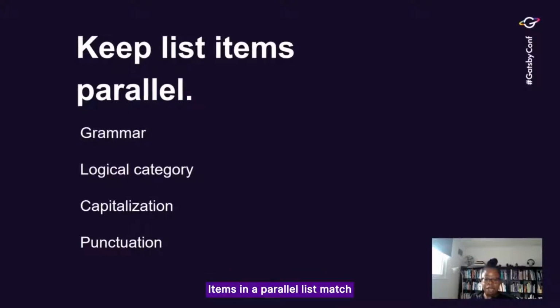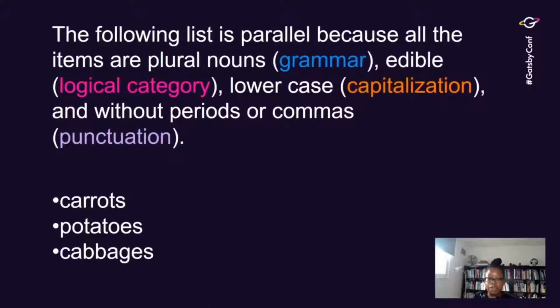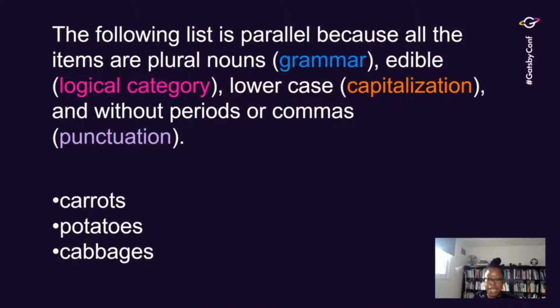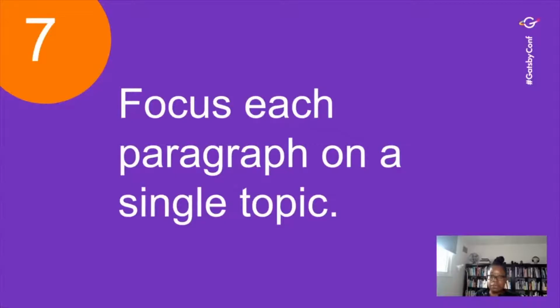Items in a parallel list match along the following parameters, so grammar, logical category, capitalization, and punctuation. For example, the following list is a parallel list because all the items are plural nouns, edible, lowercase, and without full stops, periods, or commas.